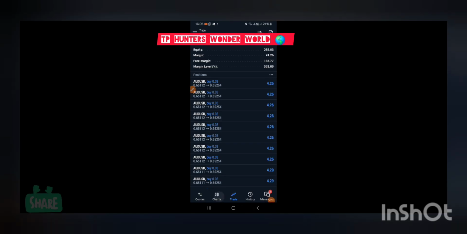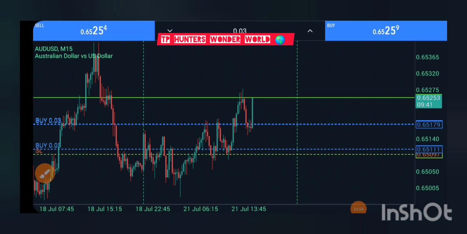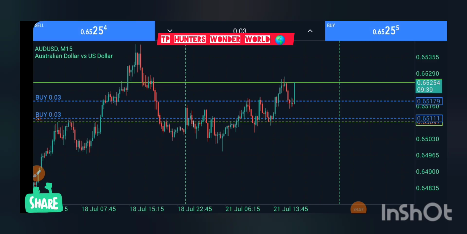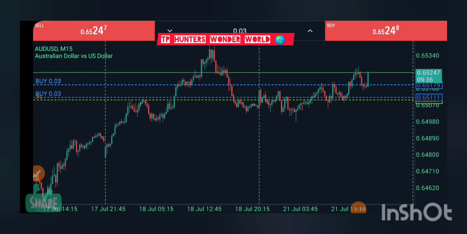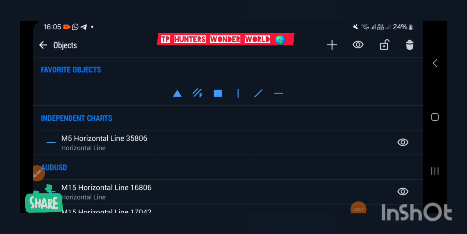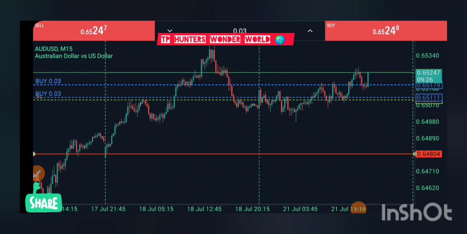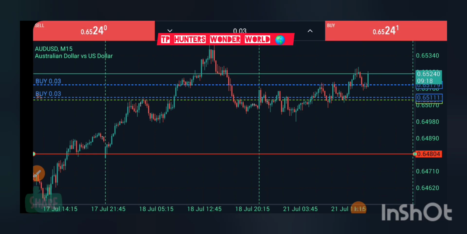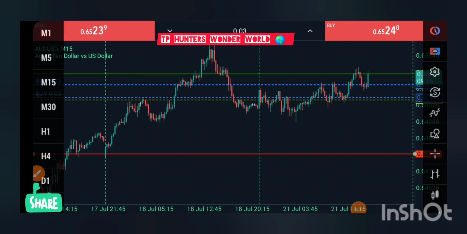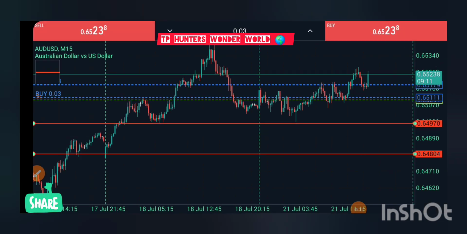Fine. Okay, we have a hammer candle somewhere here, and it wanted to fill this order block. We have a hammer candle here. Let me identify those key levels.